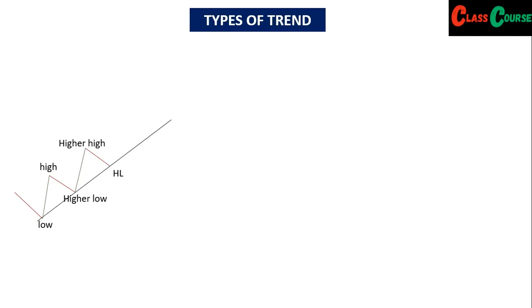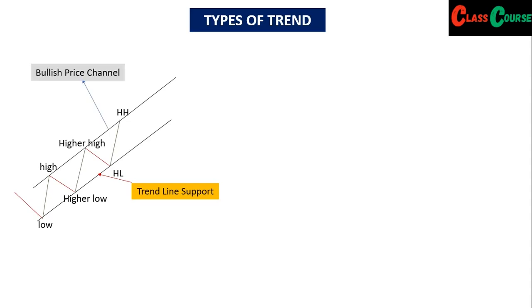And speaking about the line, it is called a trend line support. The market is taking support at that trend line. So when you see a higher low in the market, there will for sure be support in the market based on the higher low. And once again the market is going towards the upside from here as well, then it is once again becoming a higher high. But from the trend line, it can also convert to a bullish price channel pattern.